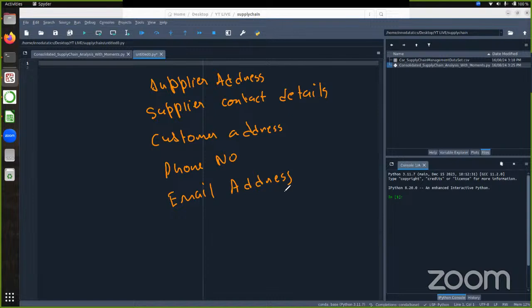So what we need to do here is analyze how we can improve the experience for our end user. Column by column, we will try to understand what are the different aspects which are available to us.